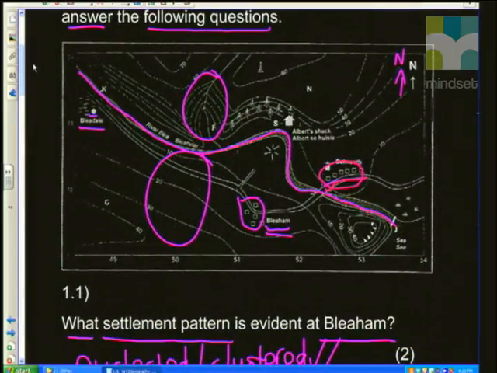Right. Let's have a look at Bleum again. So there's Bleum once more. I pointed out to you that in this particular region, the contour lines are spaced quite widely. So that means that area has a fairly flat or even uniform gradient. And so we said earlier that it's easier to construct a building, it's easier to farm on a flat surface.